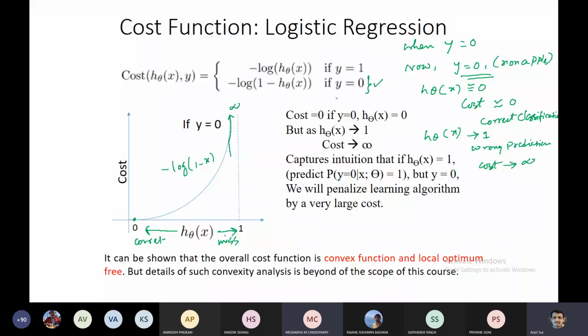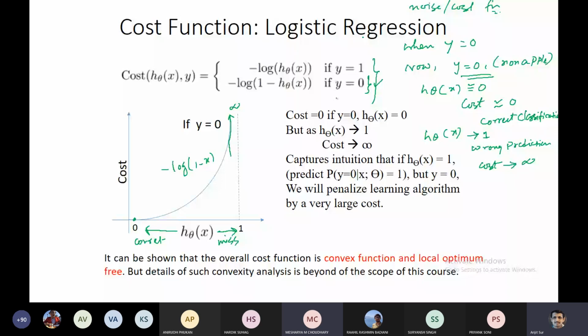In general, if we define it this way, our cost function becomes convex. So this is the basic idea of the cost function for logistic regression.